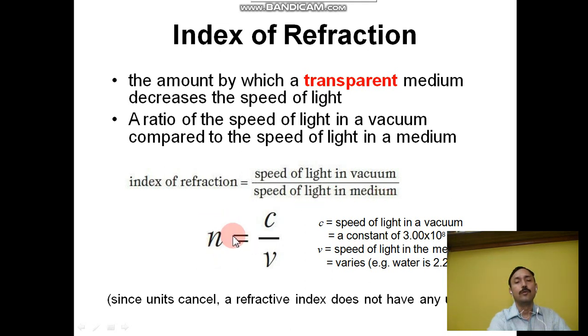So we will represent it as n, the refractive index, equal to c over v. c is the velocity of light, or speed of light in vacuum, which is a constant. It is equal to 3 into 10 to the power 8 meter per second. And v is the speed of light in the medium. It varies from medium to medium. For water it is 2.26 into 10 to the power 8 meter per second.